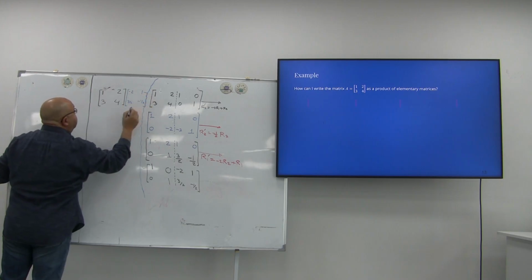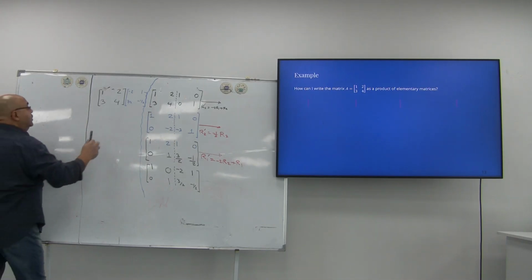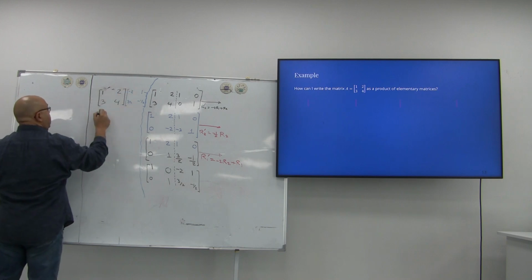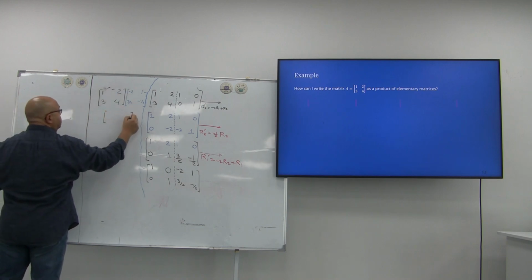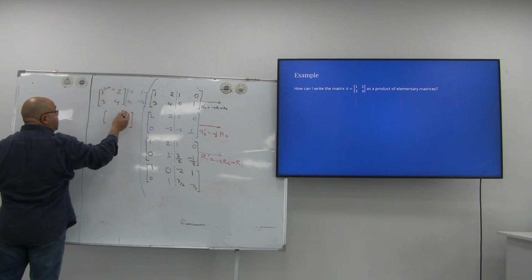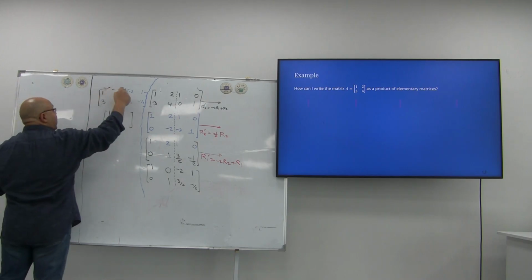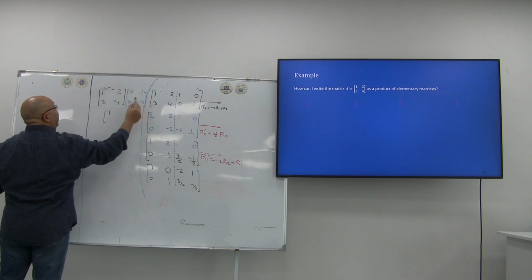Let's multiply them together. If I multiply them, what will the result be? Let's do it. Multiply the first row by the first column. 1 times negative 2 plus 2 times 3 over 2, which is 3, so it will be positive 1. Multiply the second row by the second column: it's going to be positive 1, then negative 1.